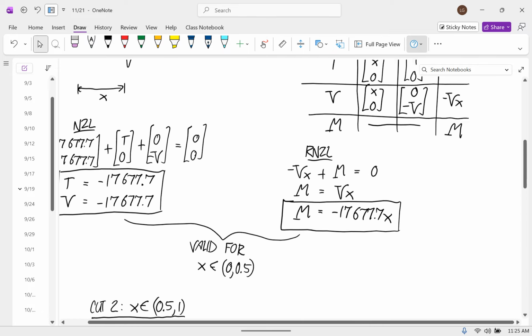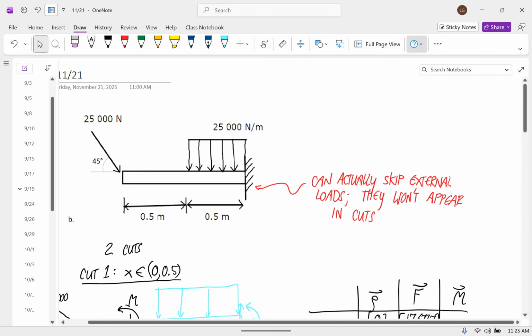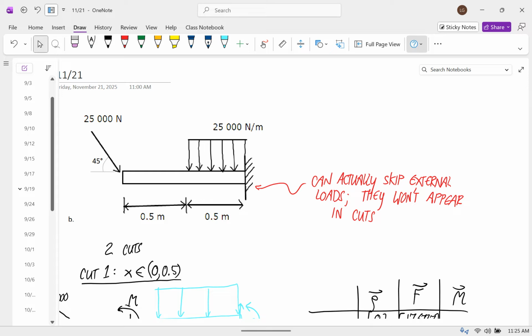What's the function that describes this distributed load? It's uniform, so it's just a constant. So on that second piece, the distributed load function is just 25,000.